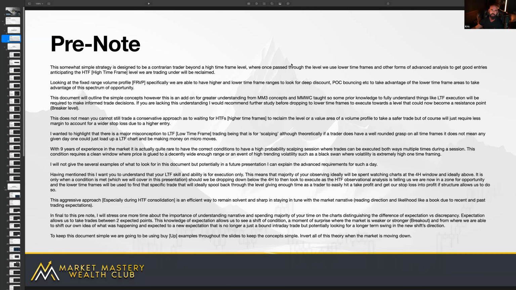With understanding a narrative, you're excited because you have an alert. It comes down, it hits that, but because you've spent so much time not catching knives all the way down because you were waiting for this, you've had all the time in the world to go through all the higher time frames, look at all the volume profiles, look at all these different metrics, and be like, okay, there's a monthly point of control from way back over here, 2024.